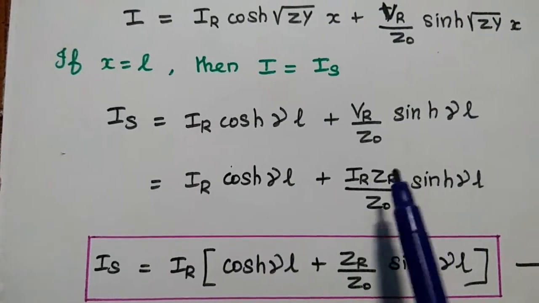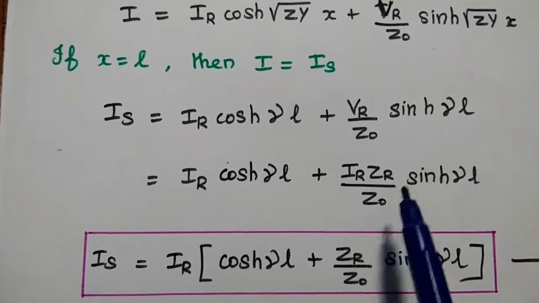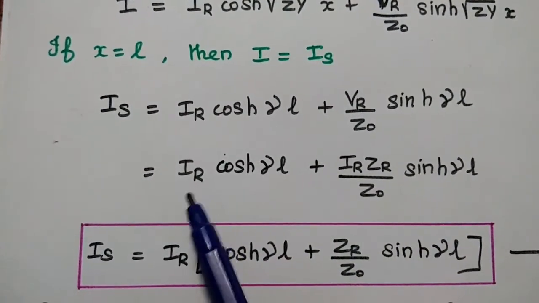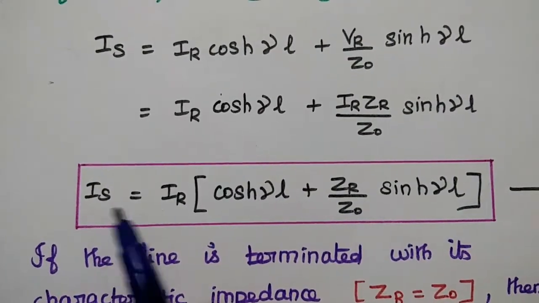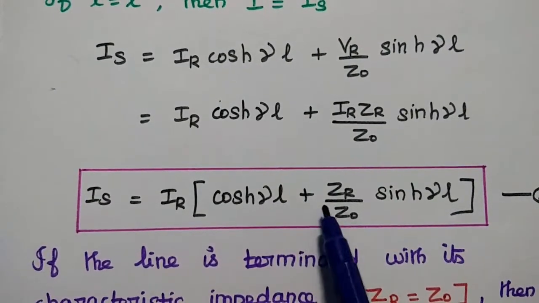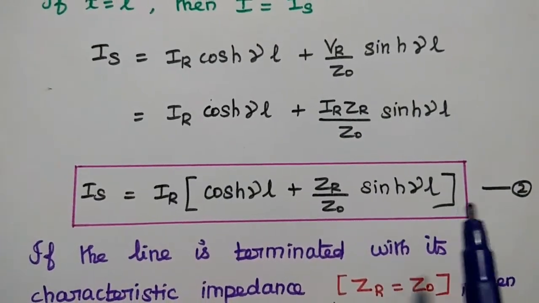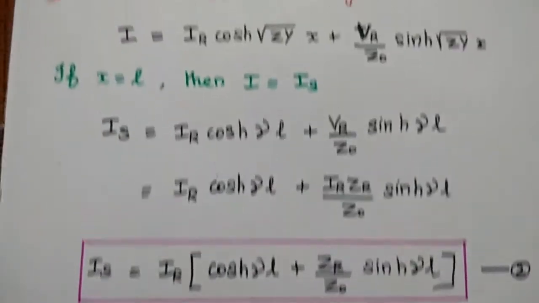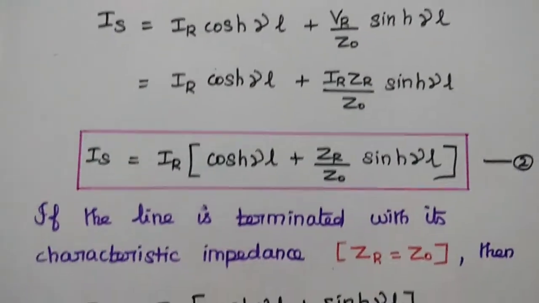In the next step, we can replace this VR with IR into ZR. From this expression, we can take IR as common. Finally, Is is equal to IR into cosh gamma L plus ZR by Z naught sinh gamma L. Consider this as the second equation. So we have derived the sending voltage as well as the sending current.